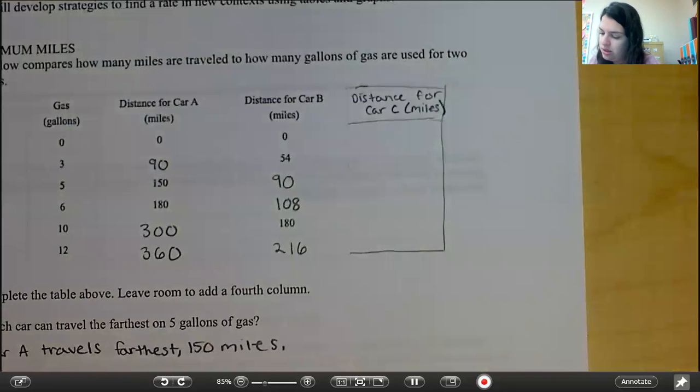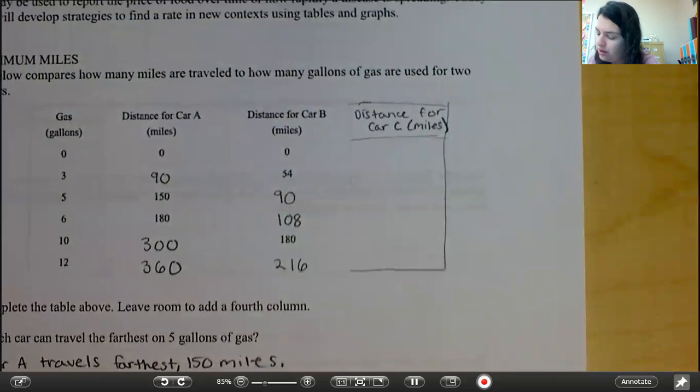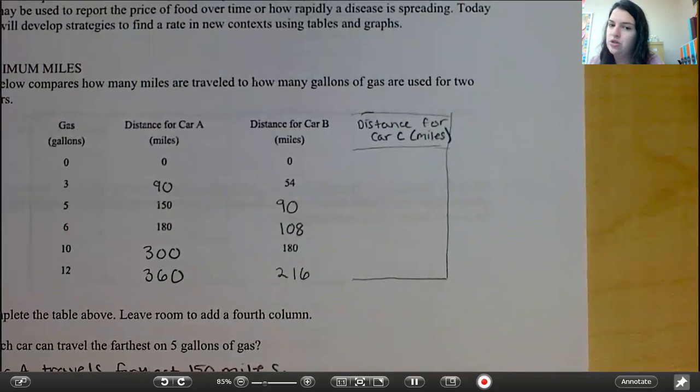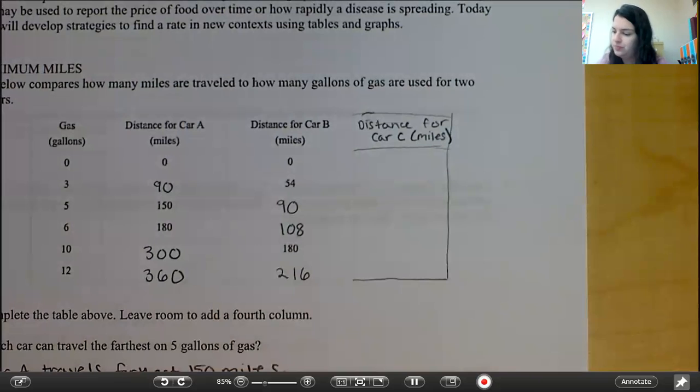And the problem told us car C uses 6 gallons to travel 120 miles. So go ahead and take that information that you know and try and fill in your table.